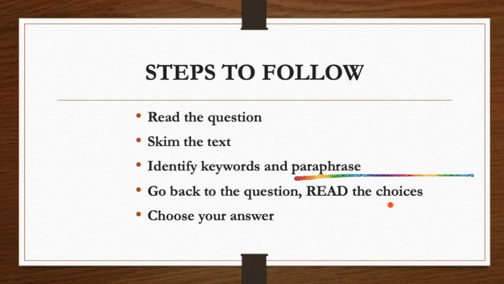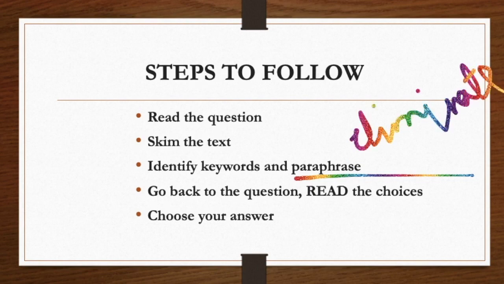So even if you're not able to predict the answer, you're eliminating the wrong choices, the choices which are definitely a no-no. Then you read the text and, using those keywords and synonyms, you first of all locate the part containing the answer and read that part of the text very carefully.